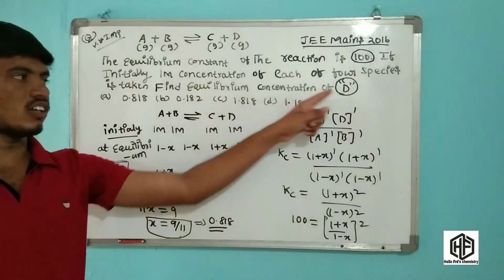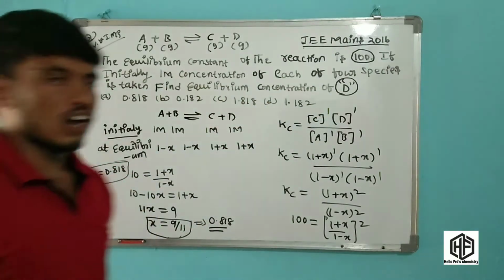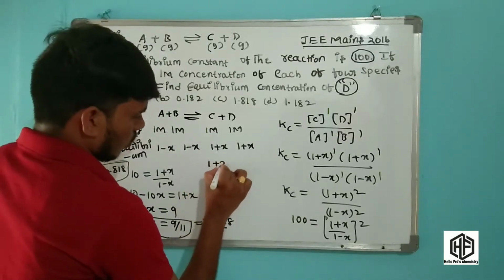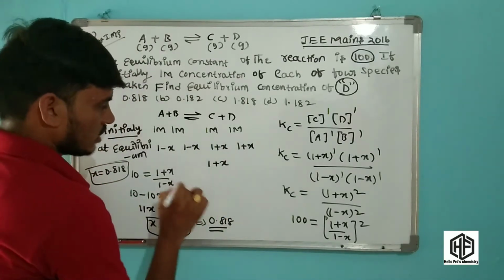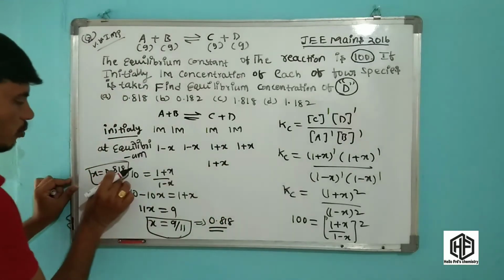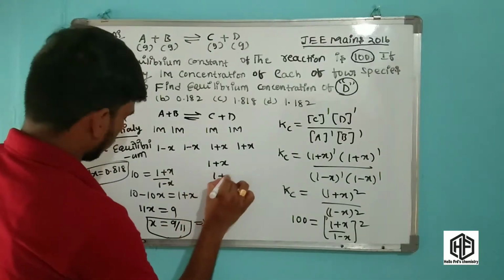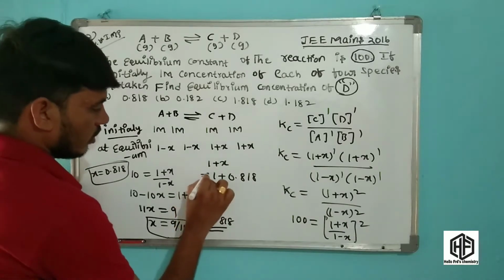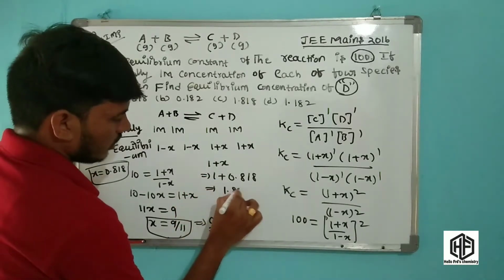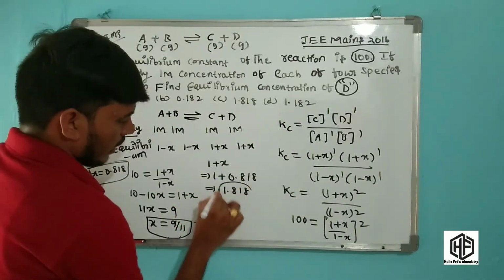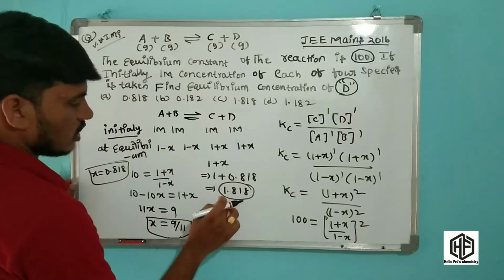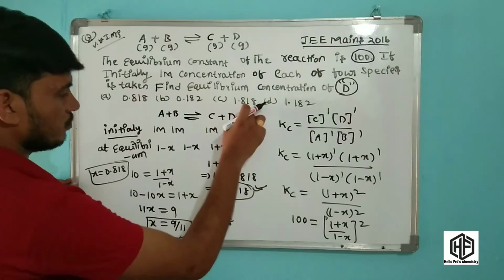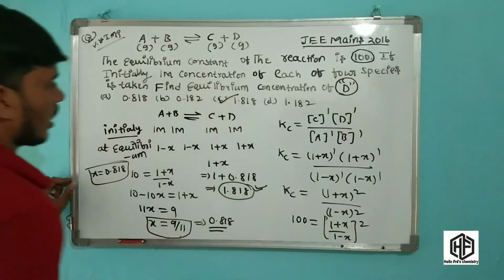Find the equilibrium concentration of D. Equilibrium concentration of D is 1 plus x. Now the x value is 0.818, so 1 plus 0.818 is 1.818. Equilibrium concentration of D is 1.818. This is the answer. The answer is C, the correct answer.